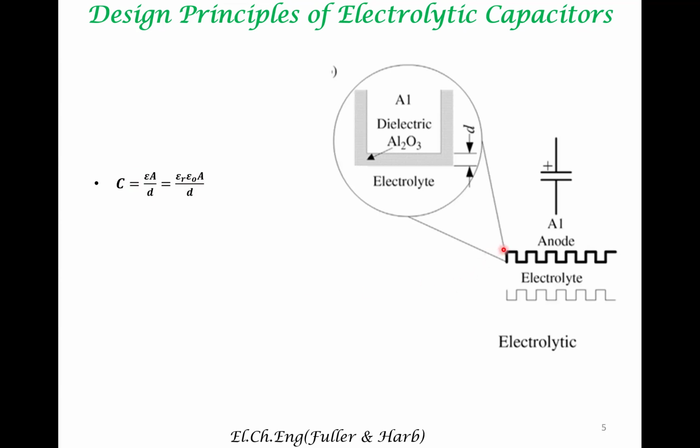So if you look at this corrugated structure, it goes towards increasing this area, and if this thickness is very small, then you are increasing your capacitance. So the electrolytic capacitor, as opposed to simple electrostatic capacitors, has much higher surface area and much less D, both of which go towards increasing C.